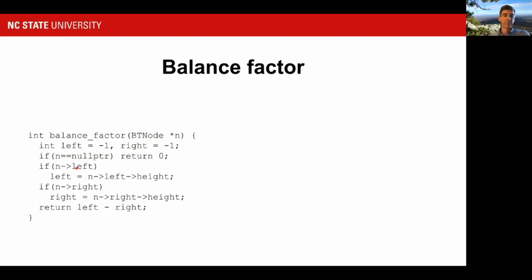If there is a left subtree, then the height of the left is the height of the node to the left. If there is a right node, then the height on the right is the height of that right node. If either of those pointers are null, then we're just going to get the -1 value. Like I said before, it should be the default. And then we subtract left from right. And this will calculate our balance factor.